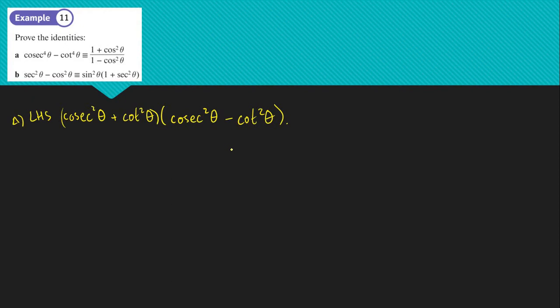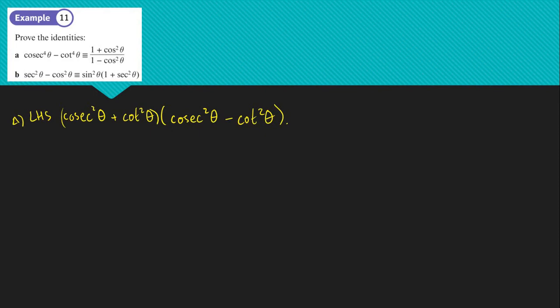Now, there's no real wriggle room here just yet, to be honest, so I can't really do too much with that. But this I can do some stuff with. I can mess around with that. You could, if you wanted to, try to turn this into cos squared theta over sine squared theta, and this would be 1 over sine squared theta, so you'd end up with a bit of messing around, and you could find out pretty quickly that it comes out as 1.